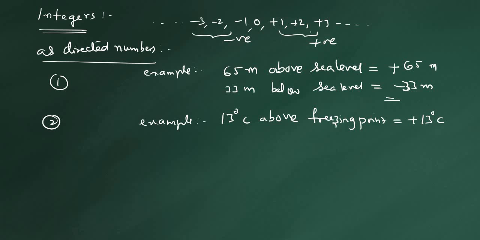In the same way, if the temperature below the freezing point is given, then that is represented by a negative integer.